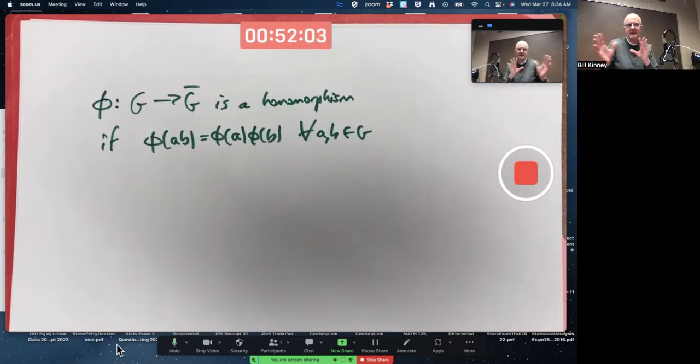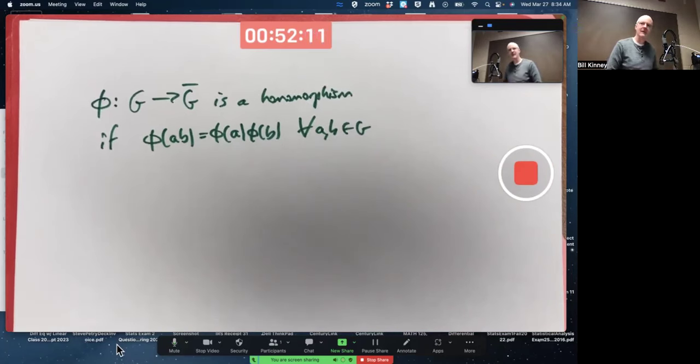We've emphasized linear algebra applications from time to time. That applies here. Any linear transformation between any two vector spaces is a group homomorphism.